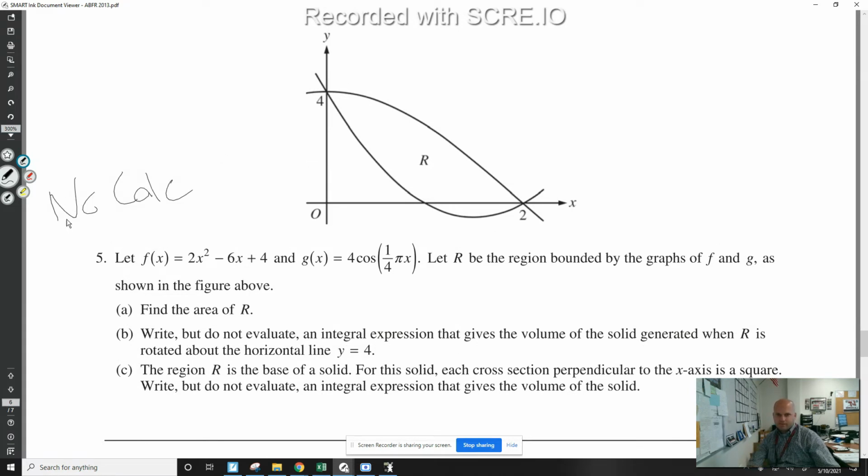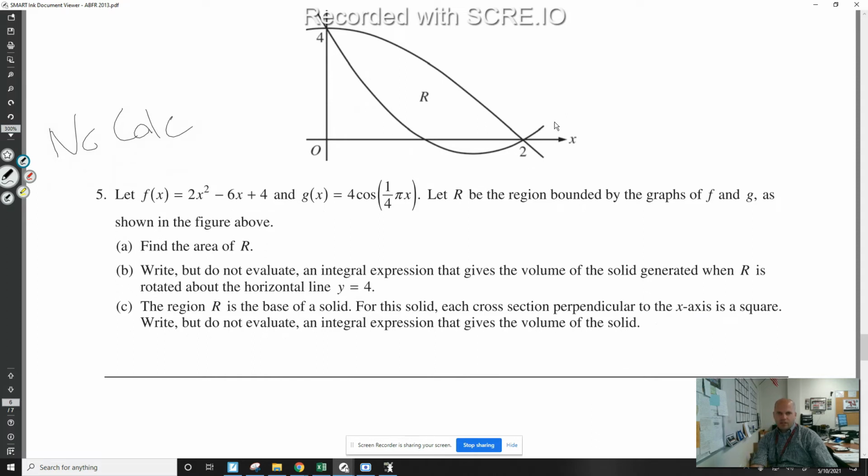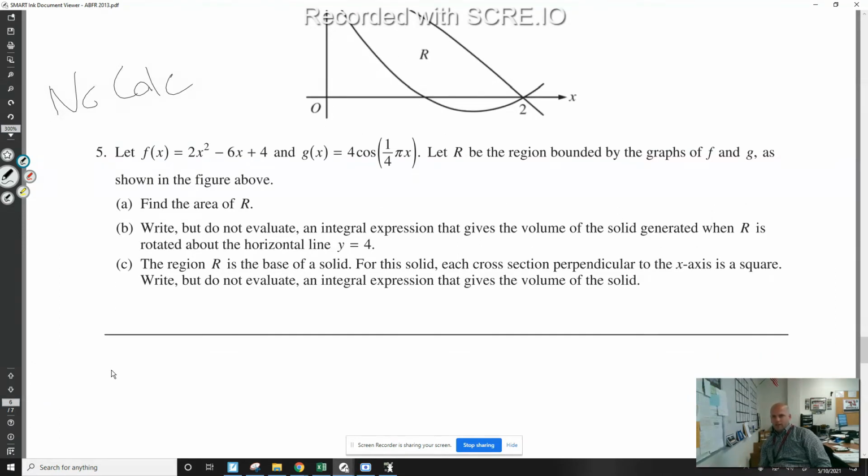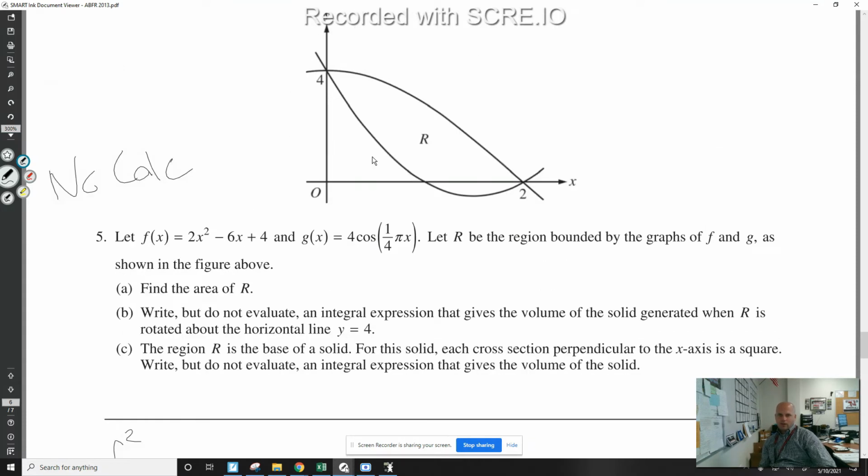Find the area. All right, I mean, you can see they intersected at 0 and 2, and that's nice that they gave you that. I wouldn't want to solve that. So you gotta have the correct setup. You gotta have the correct antiderivative. The x squared is the open upward function, a parabola. The cosine is oscillating.